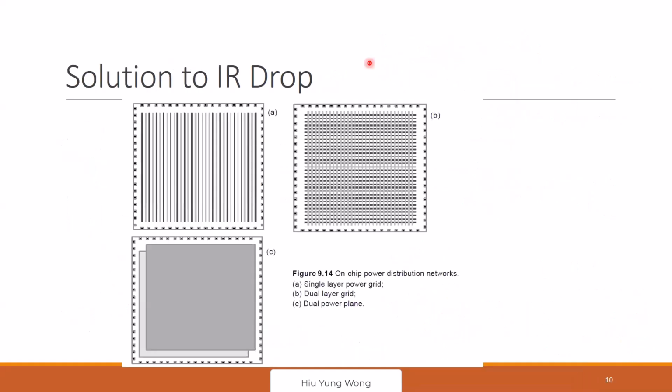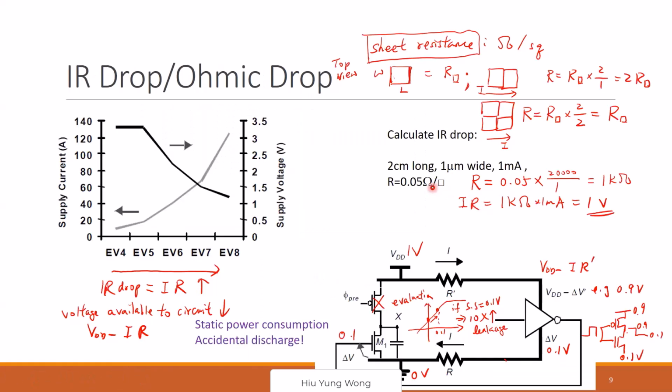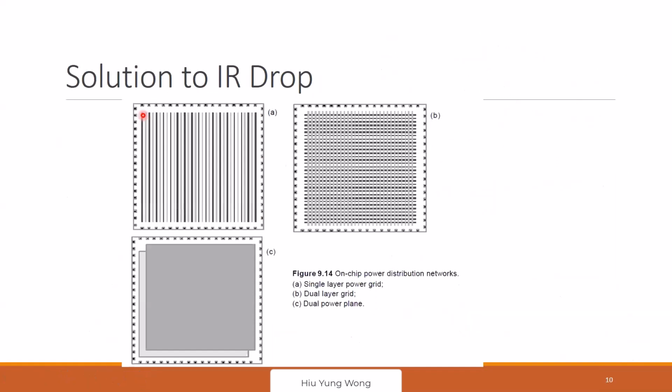What can we do? Well, you can have all the power lines going vertically, but it's not as good as having a dual layer. Just now what I'm showing you is only one power from one pin to everywhere. But here, for every line, we have one power line. So it will be good. At least I don't need to traverse the diagonal.